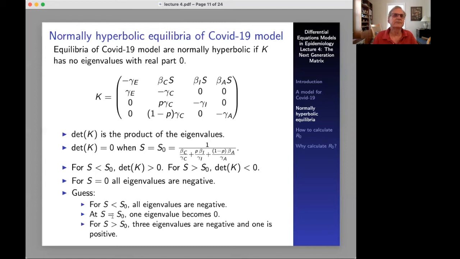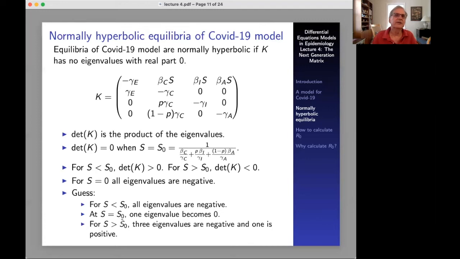Here's our guess. For S less than S naught, let's guess that just like at S equals 0, all the eigenvalues are negative. Multiply them together, we get a positive determinant. At S equals S naught, the determinant becomes 0. The simplest way that can happen is if just one of the eigenvalues becomes 0.